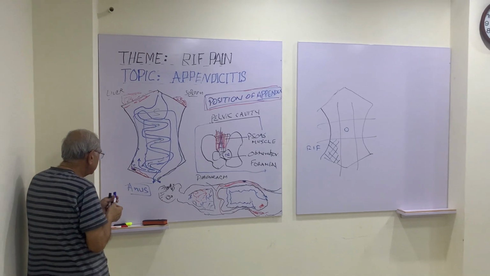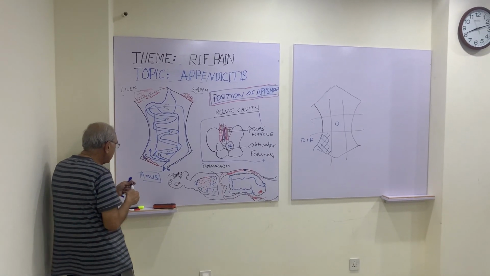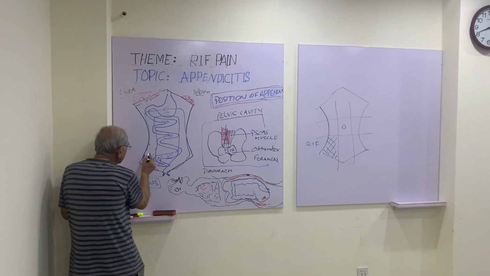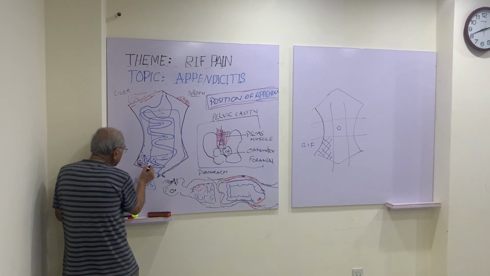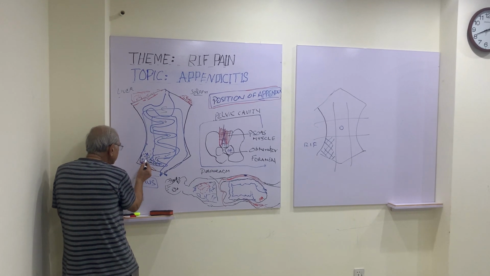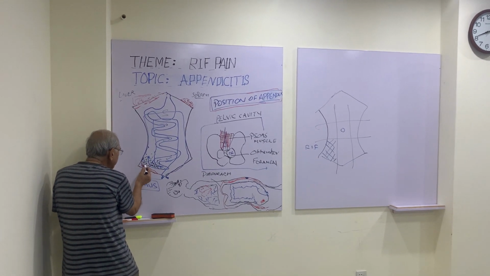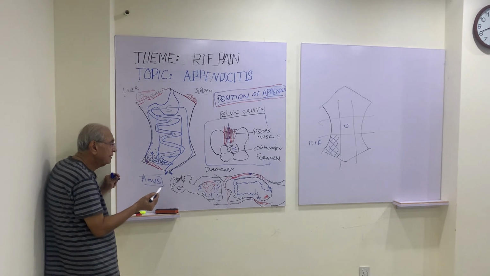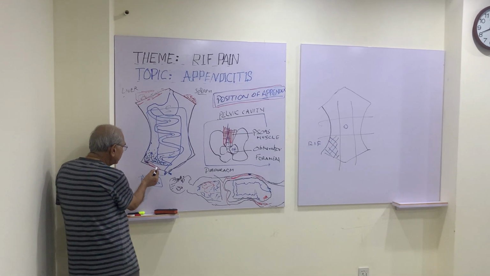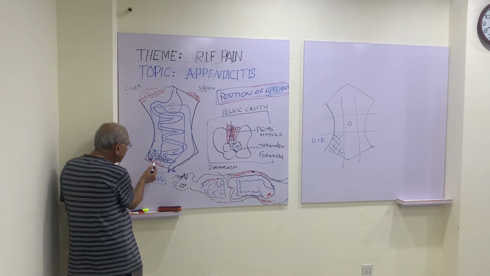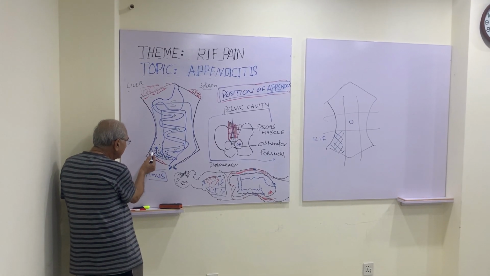Now in this pelvic cavity, if we look at the cecum, this is the cecum, and this is the ileum. The things come from the ileum to the cecum, and if everything is normal, the open appendix, which is a tube-like structure, 6 inches long, lets things go in and go out.